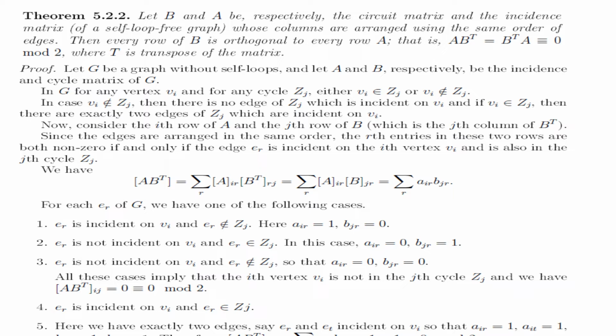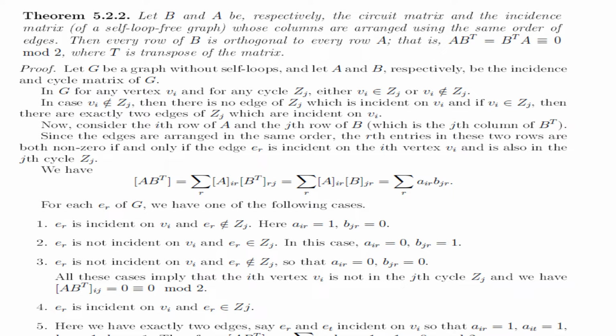Now consider the ith row of A and the jth row of B, which is the jth column of B transpose. Since the edges are arranged in the same order, the rth entries in these two rows are both non-zero if and only if the edge Er is incident on the ith vertex Vi and is also in the jth cycle Zj.